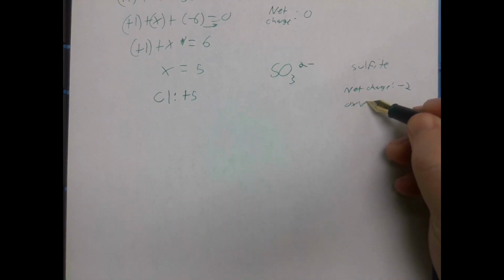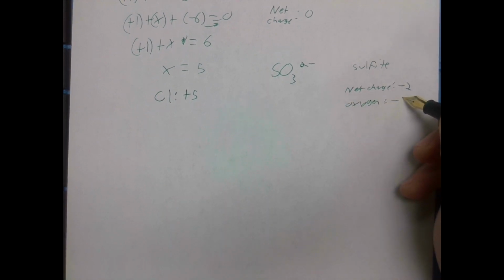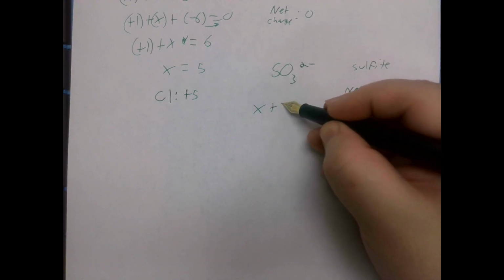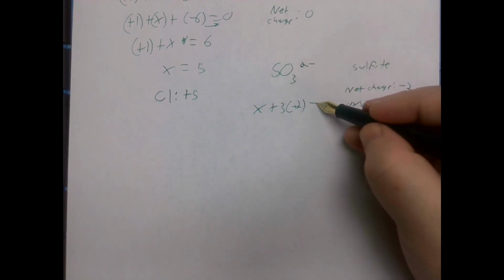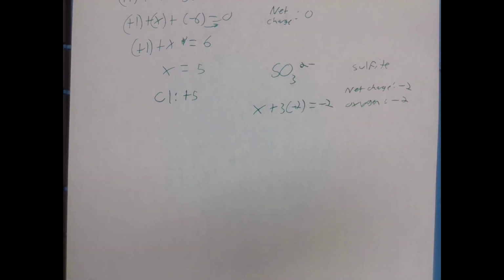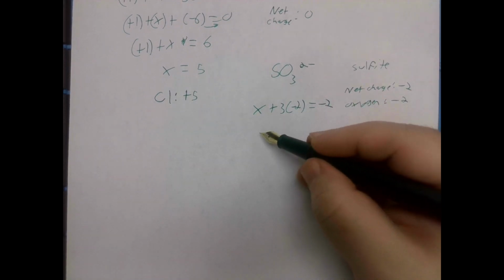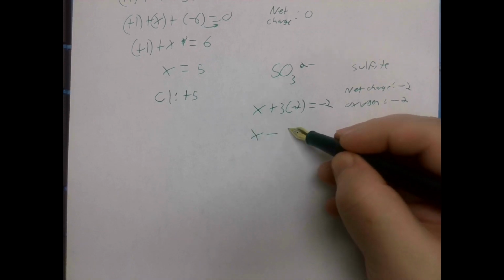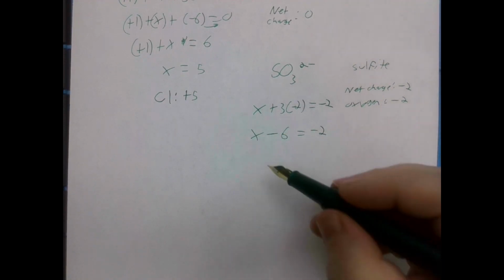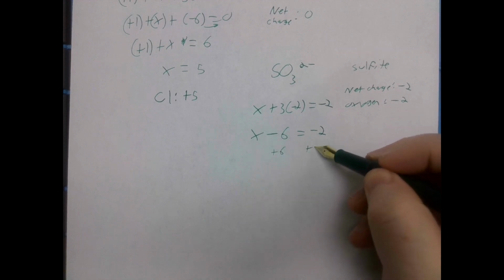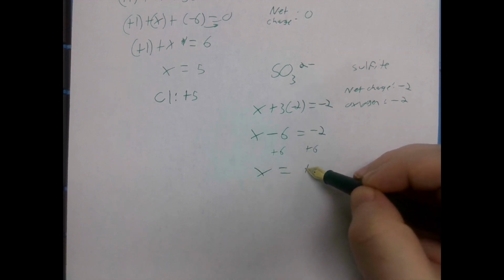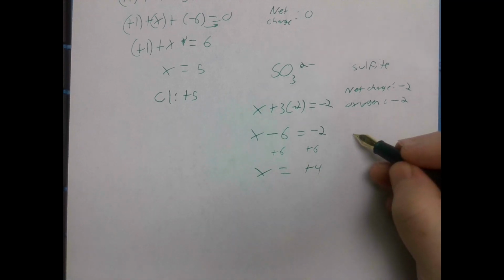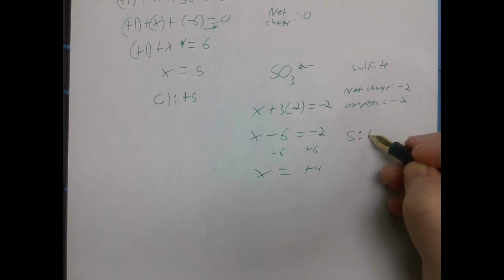Oxygen is always -2. So we have x plus 3 times -2 has to equal -2. So x minus 6 is equal to -2. Add 6 to both sides. X is equal to +4. So that means sulfur has an oxidation number of +4.